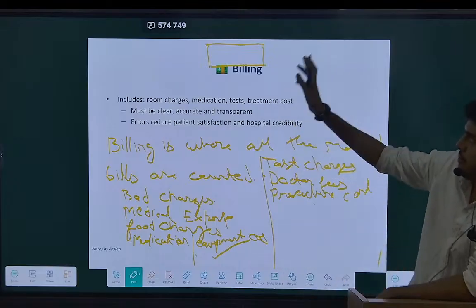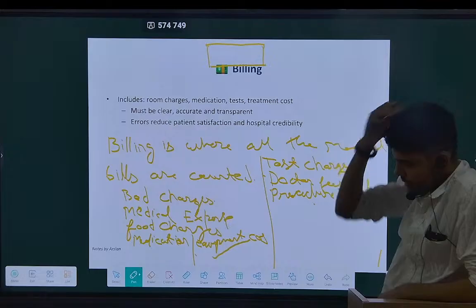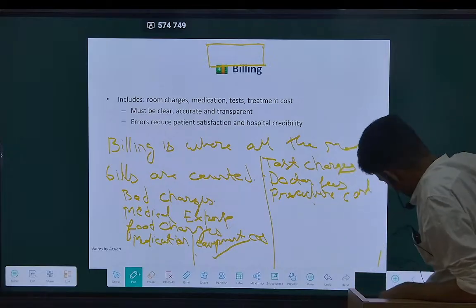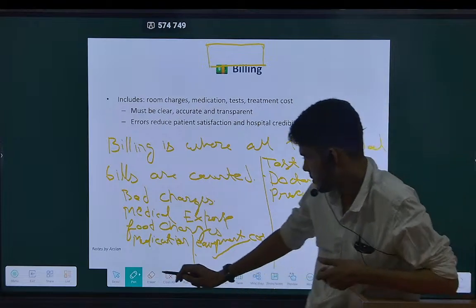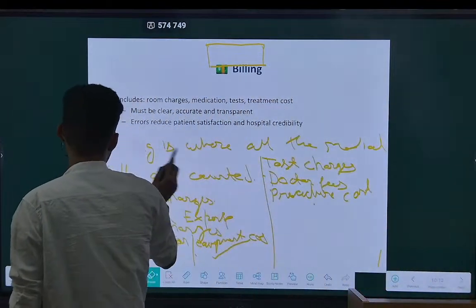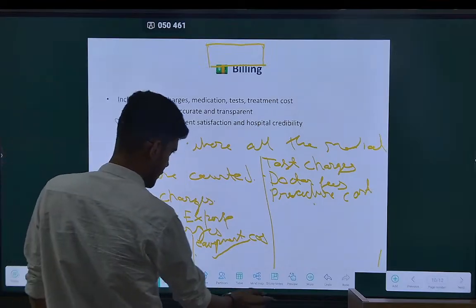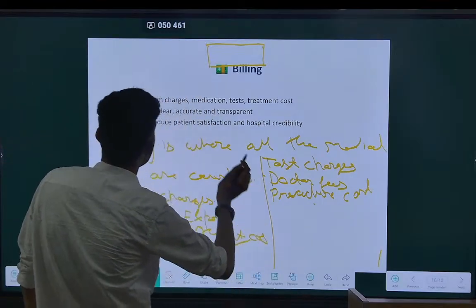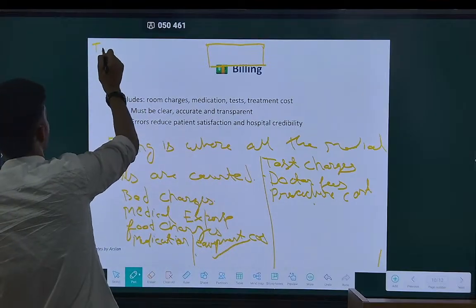So it is mostly 3 pages long, and one thing is very important in medical billing: it should be transparent.